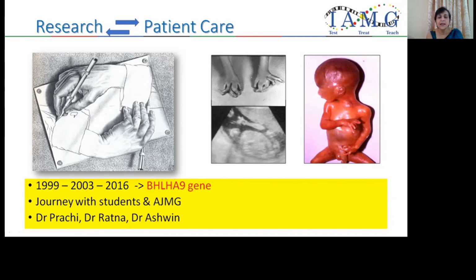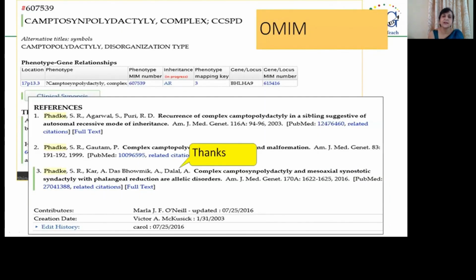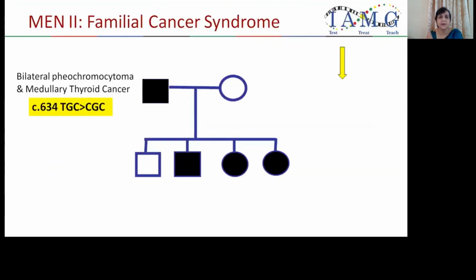So practically each patient and each test for each patient is really research. And in this particular disorder, a specific type of hand malformation is reported on OMIM, and still the only case reported from all over the world. So this is very important, that each case you evaluate as if it is a research case, and then the family can be helped.